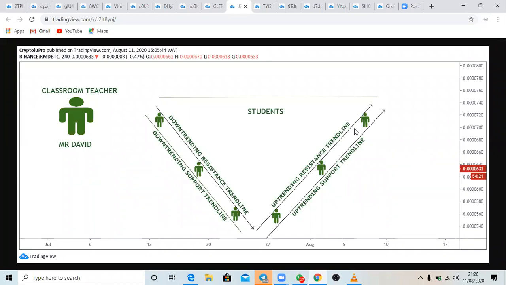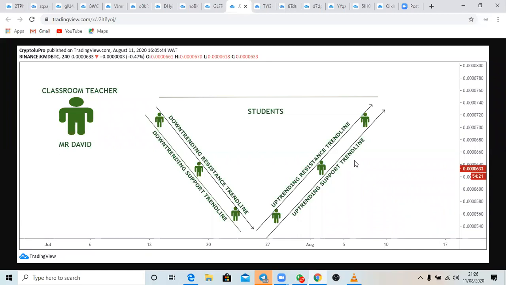Yes, exactly. Let's say price came back to the resistance trend line to retest it. I'm using real price action now to explain this. Let's say price came back to retest, then you know for sure that price is going up, except there's another reason behind it, then it might break down again.